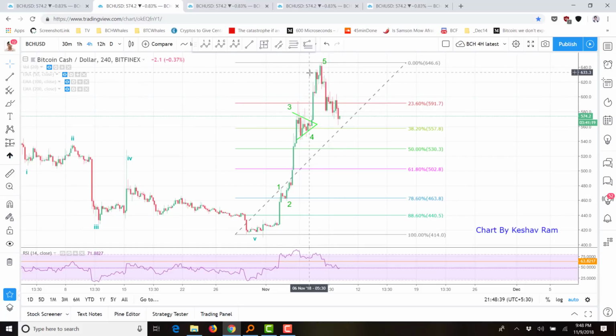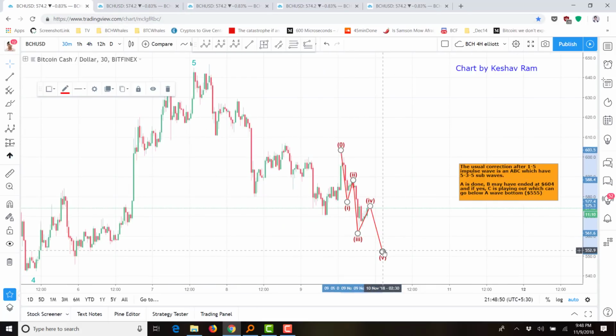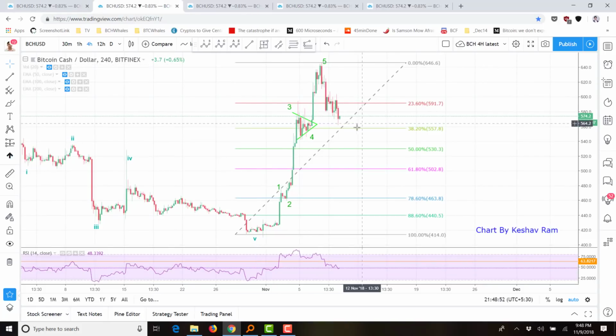And this is the current correction that is playing down, and our C subwave has ended at the 552 target right here, if you see. And here coincidentally you can see that this 555 range is the 0.382 Fibonacci level, which usually acts as support and resistance as well. So that is another plus point why we can choose 555 as a place where it will bottom out.